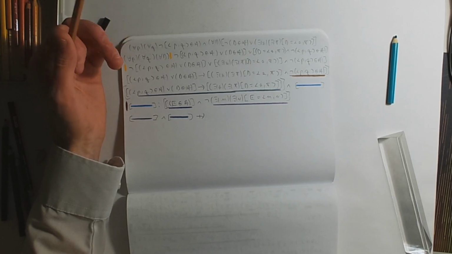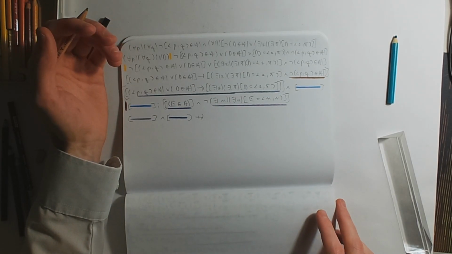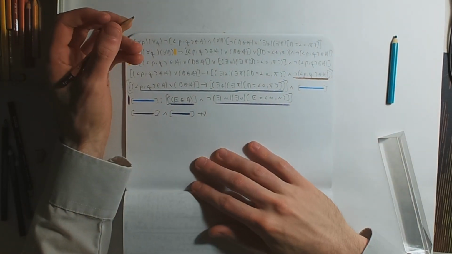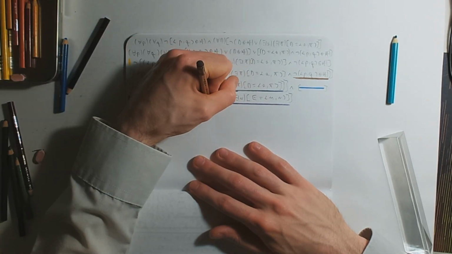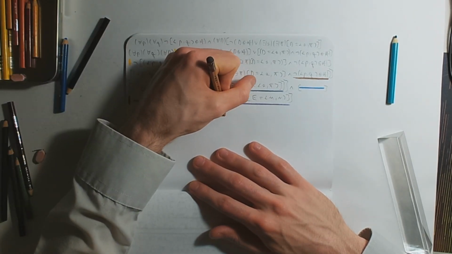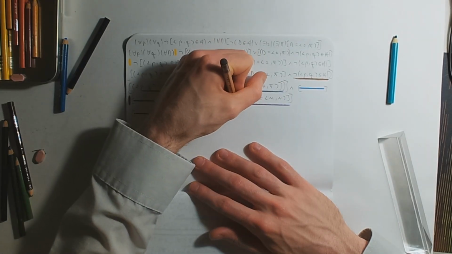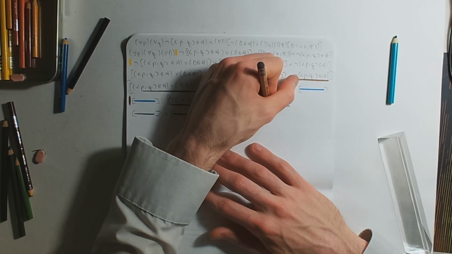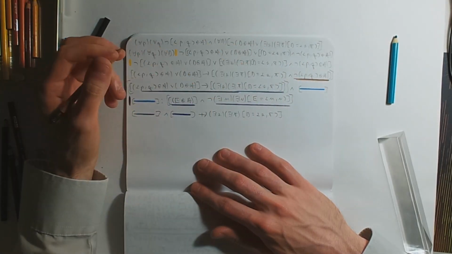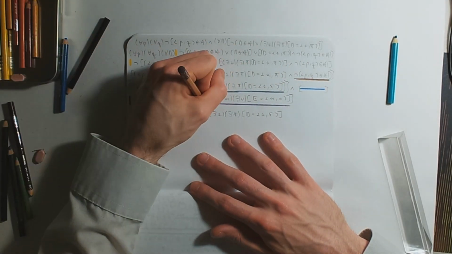This will yield that there exists an S and there exists a T such that D is equal to the ordered pair ST. Okay.